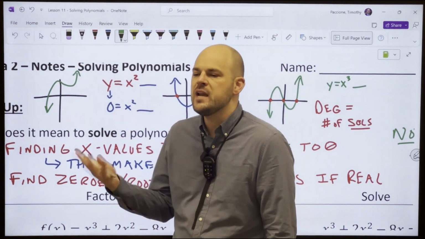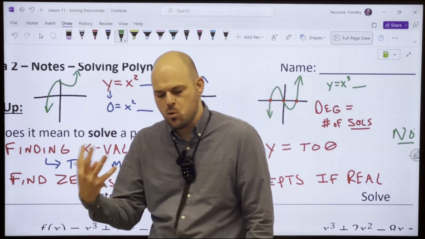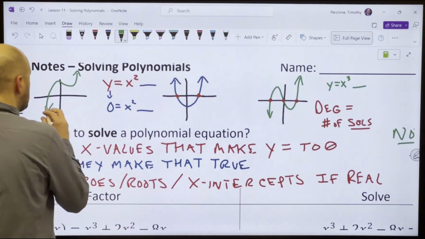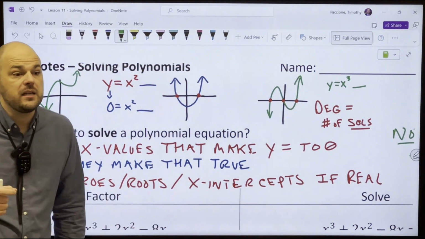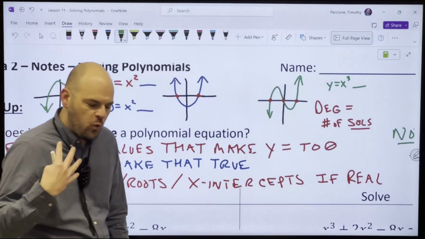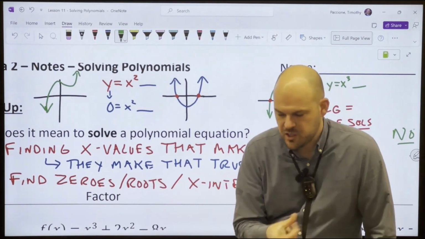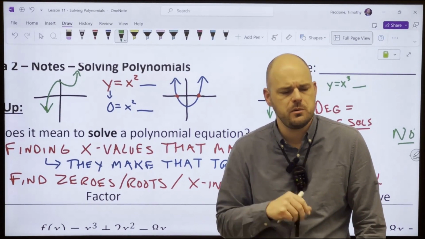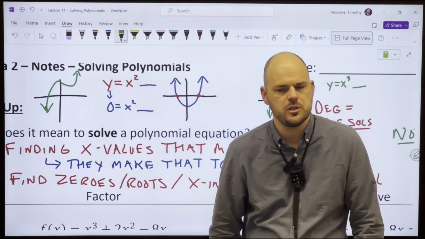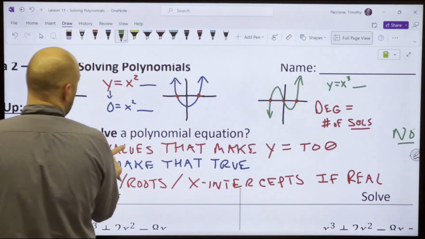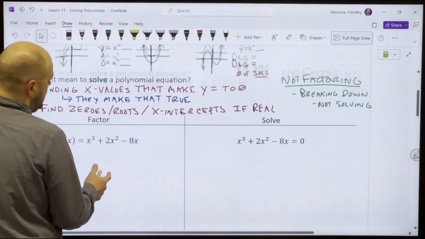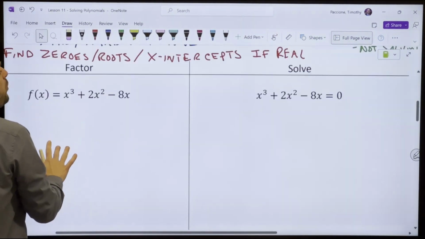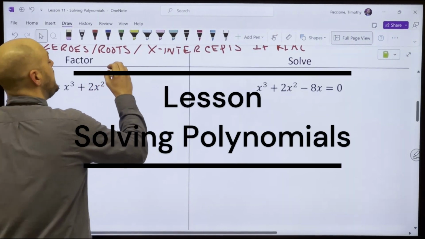We're not going to get into imaginary yet, but I wanted you to see where we're going with that, okay? So when we're solving algebraically, not with a graph, a lot of times we finish and we move on. Just check, do yourself a favor. Did I find 3 for this cubic function? Did I find 4 for this quartic function, right? And sometimes you'll check and you'll find you didn't, and you need to just recheck your work. Okay, so remember, factoring and solving are different, but they're related.